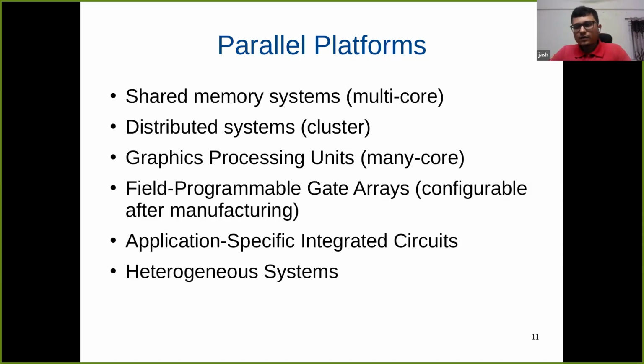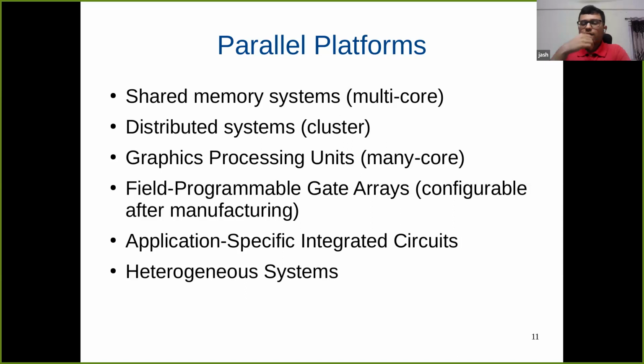So for a particular scenario, let's say you want to place some IC inside a nuclear reactor, then you can't just go inside a nuclear reactor and fix your IC, right? Let's say if something happens. So in that case, you might need something like an FPGA, which can be configurable after manufacturing. Okay. I hope this is clear.